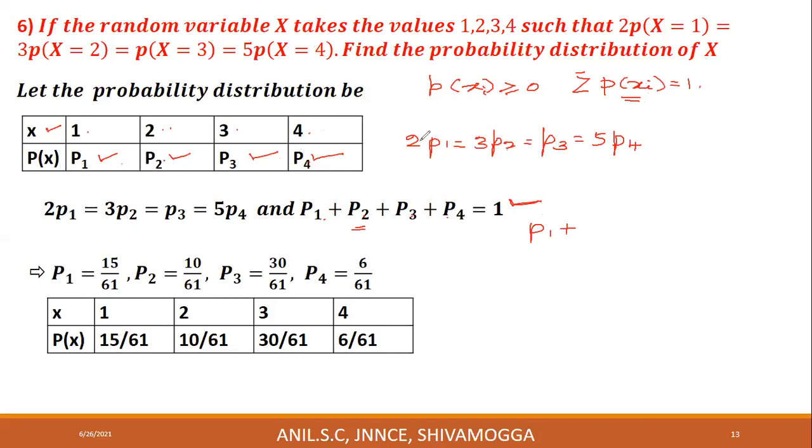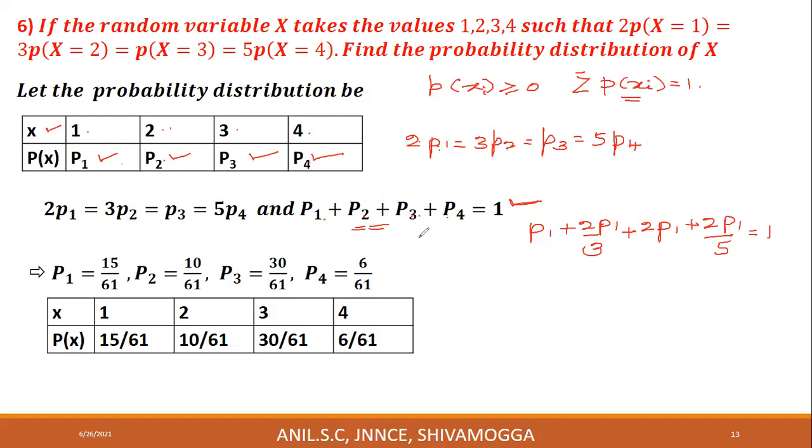Here p2 is equal to 2p1 divided by 3, plus p3, where p3 is equal to 2p1, plus p4, where p4 is equal to 2p1 divided by 5. This is equal to 1.